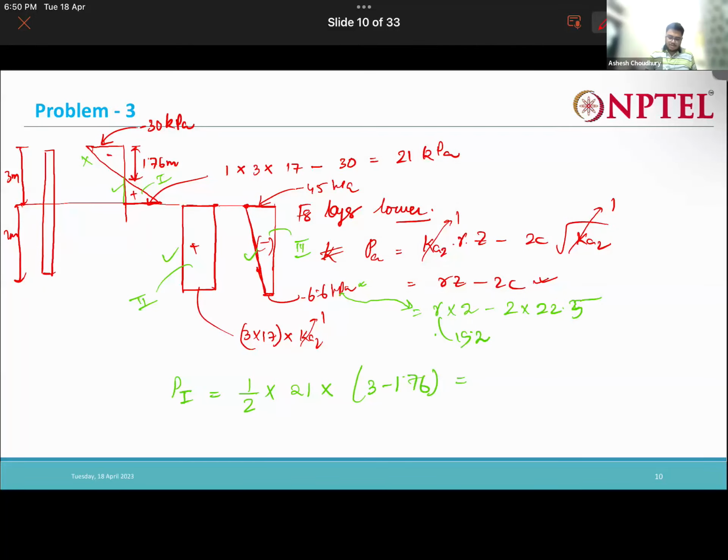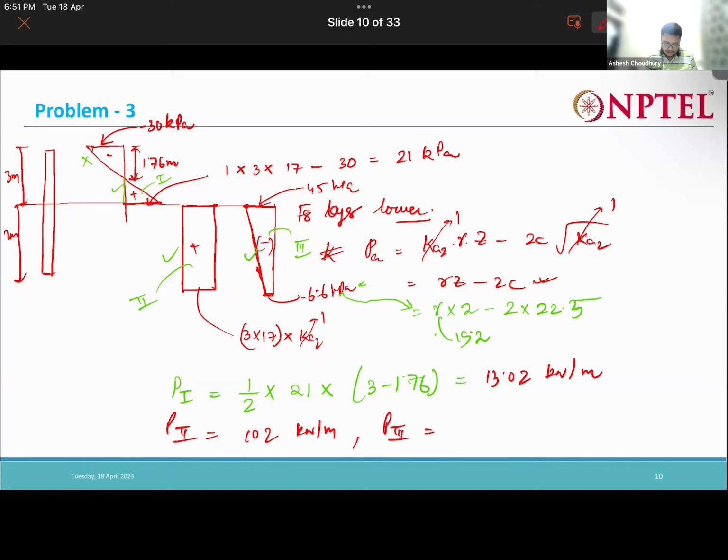Okay, let us see how much P1 is coming. Half into 21 into 3 minus 1.6 is 13.02 kN per meter. This is P2: 3 into 17 into 2, that is 102.